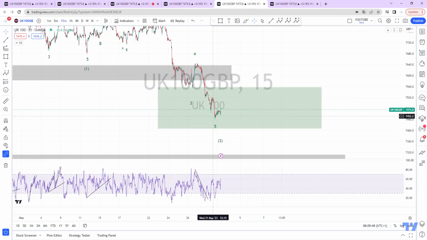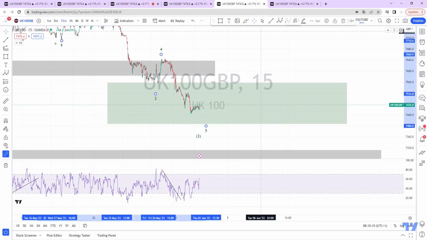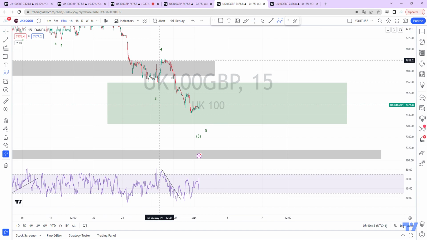What I will wait for is to see if this starts to look like a wave 4, so an ABC structure here, then we need a 5 to the downside of the lower degree. So then it looks like this can be your one, two.